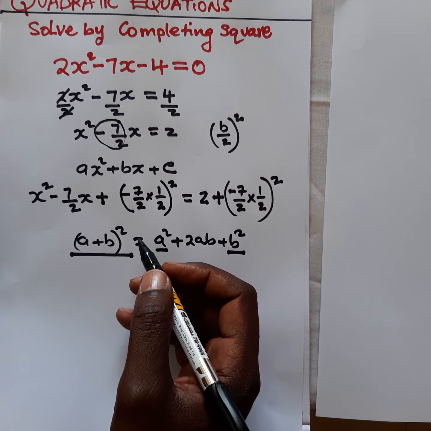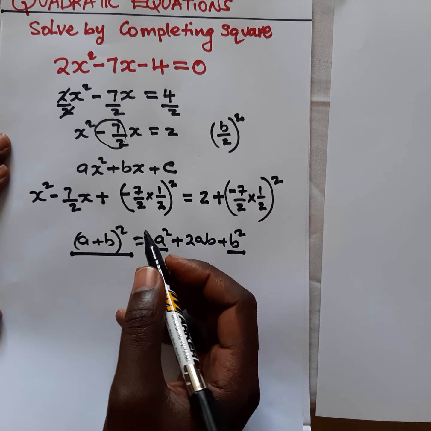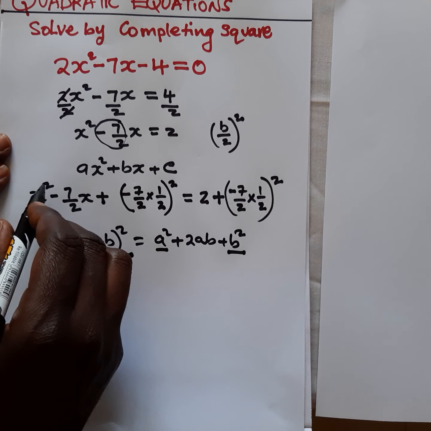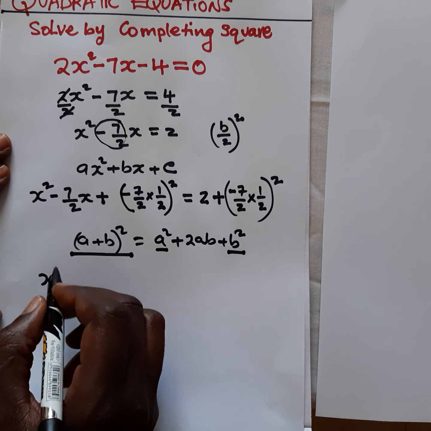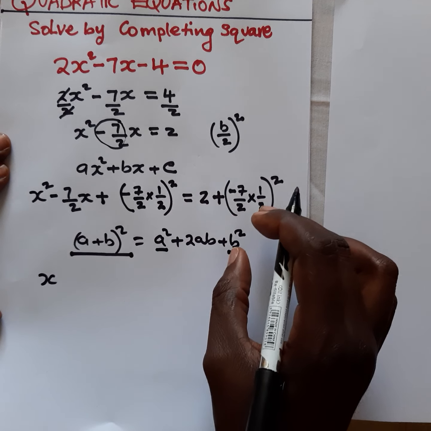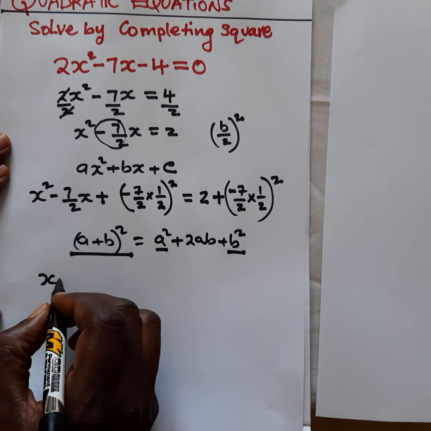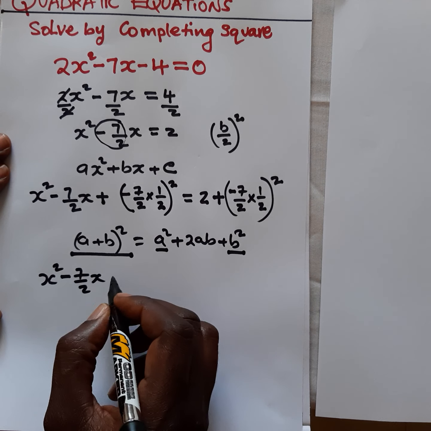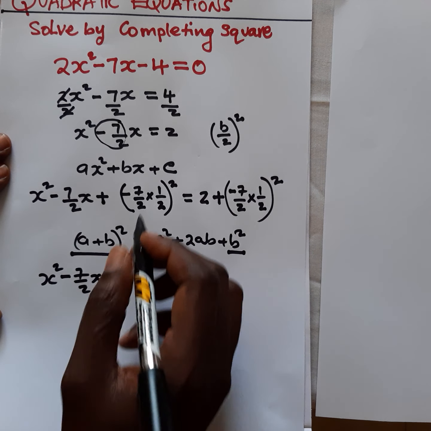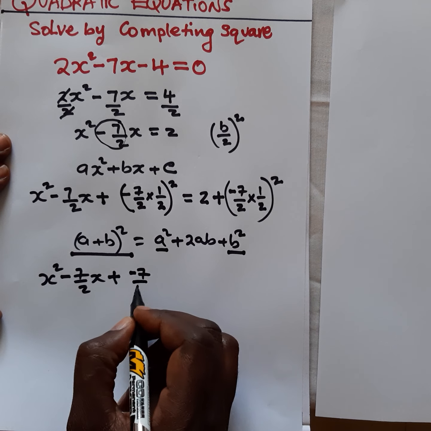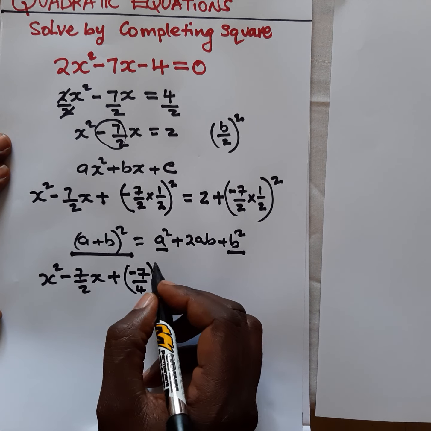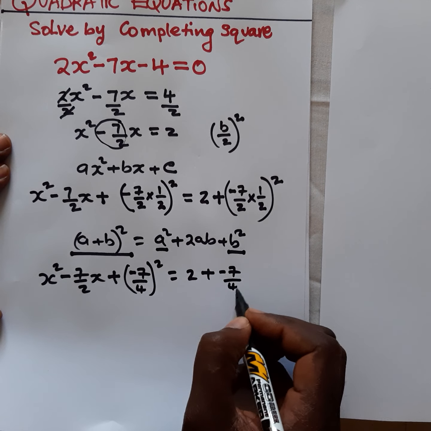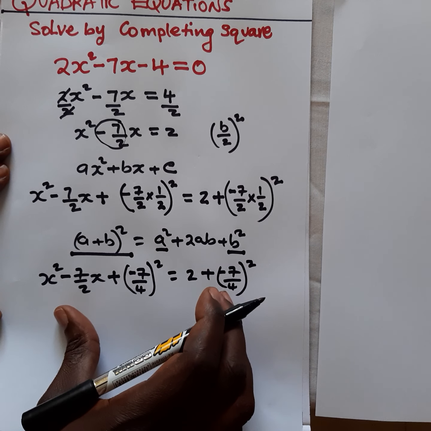So we can write it in a better way: x squared minus 7 over 2x plus -7 over 4, squared, equals 2 plus -7 over 4, and then we square. Now it is nice.